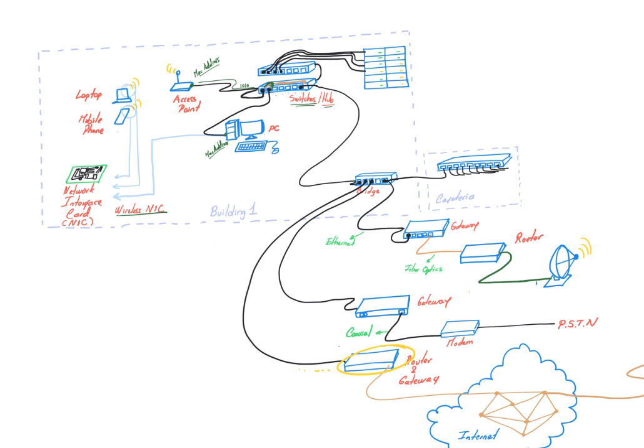Then if I just take it this way, through the bridge and to the switch, then I'm going to be distributing the signal or the services that are being accessed by this router, and it's going to spread that through the whole network that we have here. In this case, it would be the building one network.